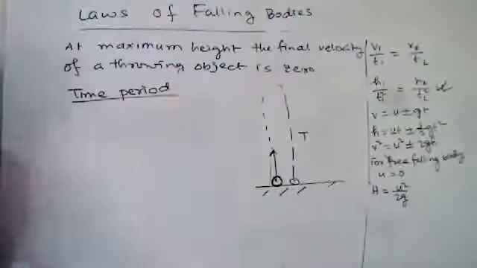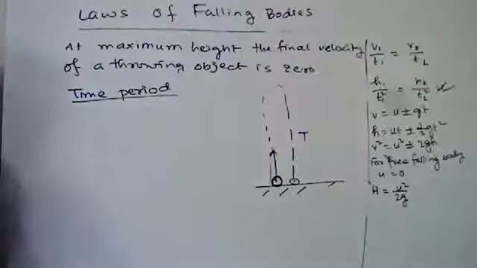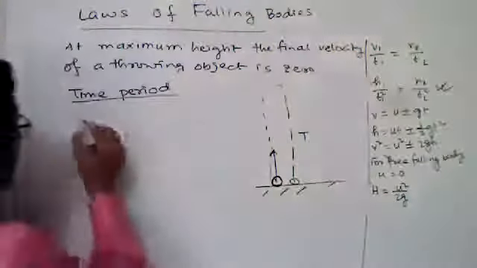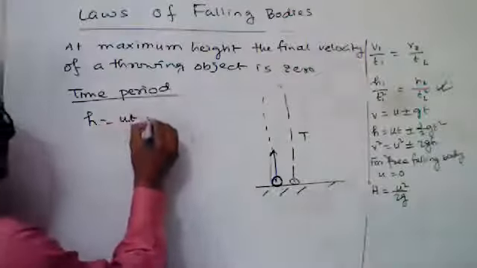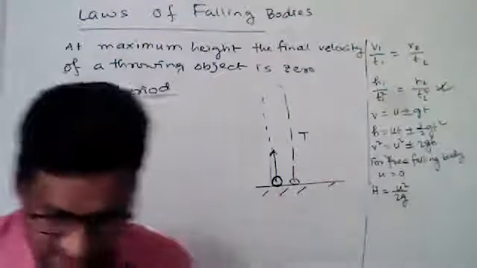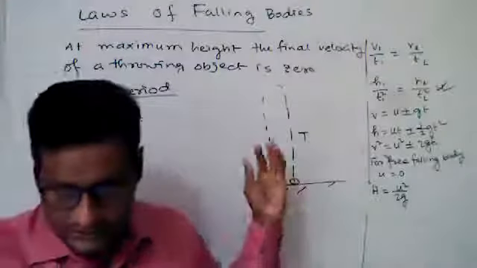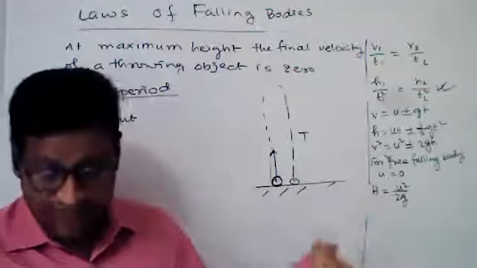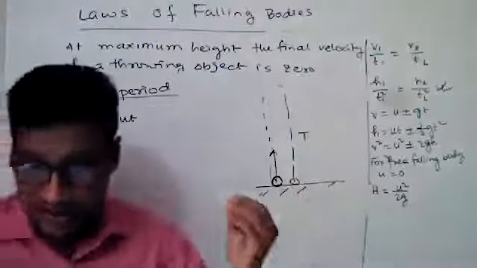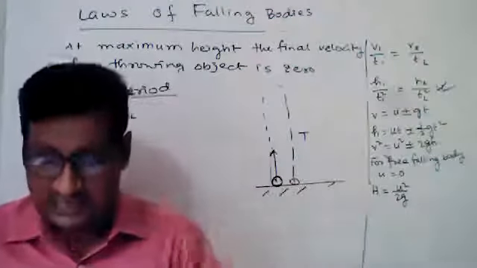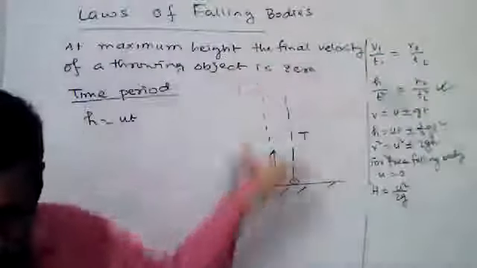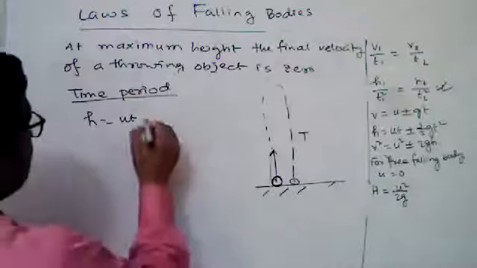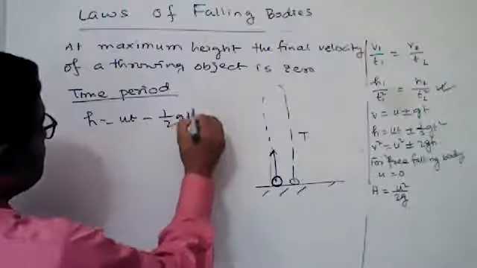So, time period. Here you have to remember this. For this time period, h equals to ut. You have to consider the initial position, not the final situation. Initially, the object is thrown vertically upward. So for vertically upward, h equals to ut minus half of gt square.